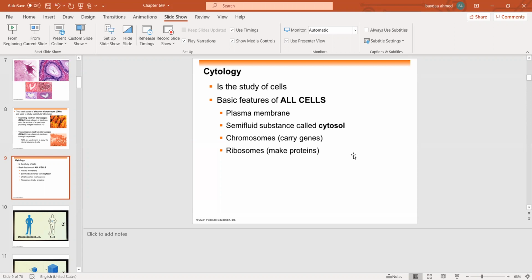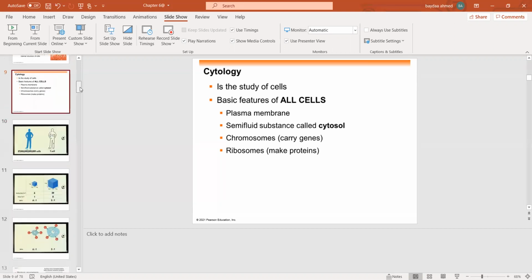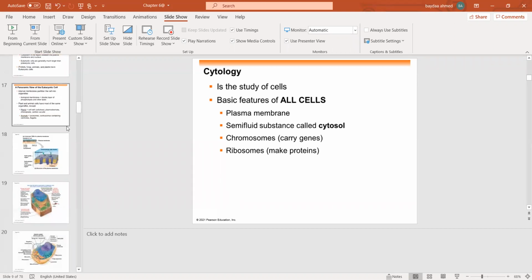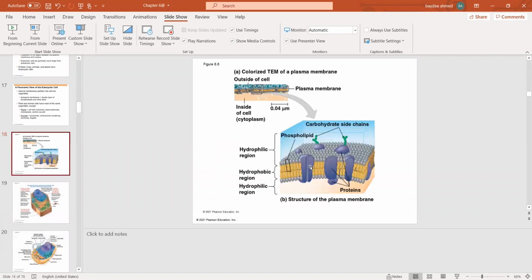This applies to eukaryotic cells, prokaryotic cells, unicellular cells, or multicellular cells. Bring to your mind the biological membrane or the cell membrane. It's a phospholipid bilayer. Bring this image to your mind.